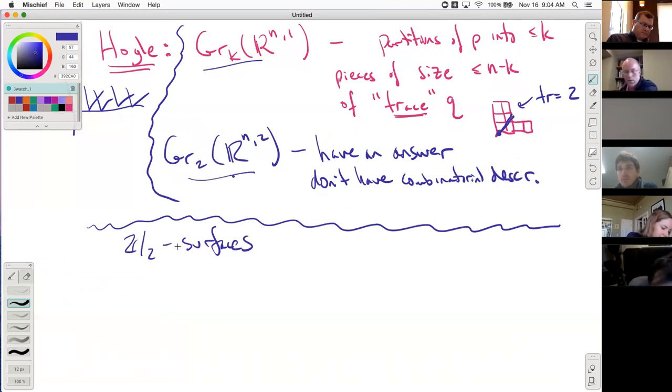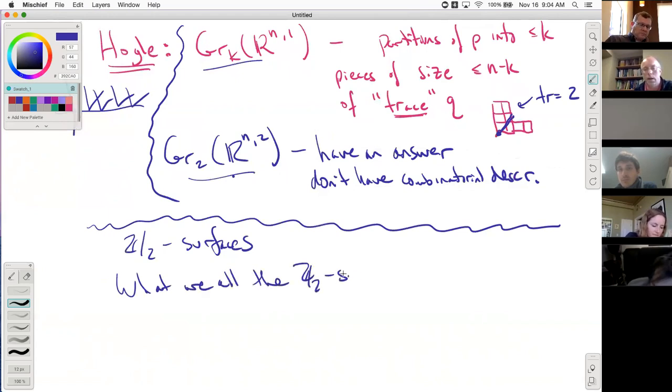Change the page of my notes here. So first of all, what are all the Z2 surfaces? And by surface, I mean compact, closed, no boundary, just the usual thing, except those kind of surfaces. So we understand surfaces completely, non-equivariantly. You wouldn't think that adding the Z2 action is much more difficult.